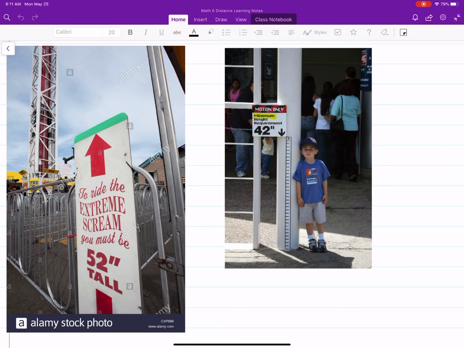And then you have the extreme scream. You must be 52 inches tall. In all of these, they represent an inequality, meaning they have many solutions. There is not just one value or one number that is true for these scenarios.